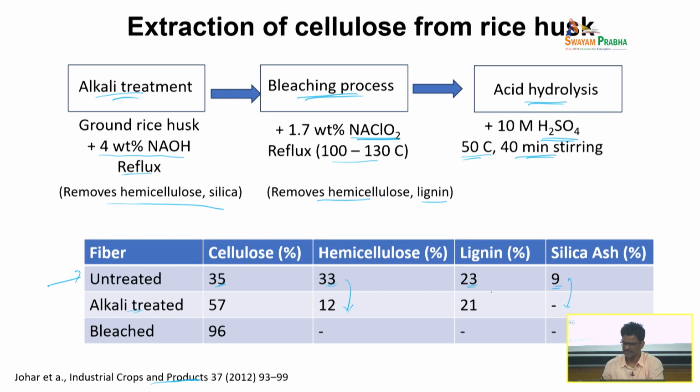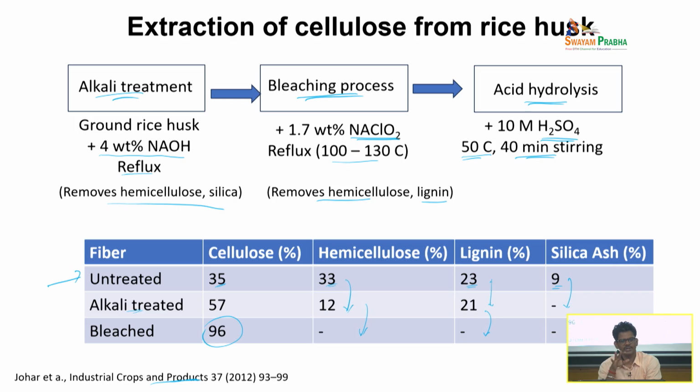Okay, but the lignin concentration is not very much affected by alkali. That's why you do the bleaching process. During the bleaching process, the lignin also becomes less, hemicellulose also becomes less. And you can see the bleached compound would have about 95 to 96% pure cellulose pulp.